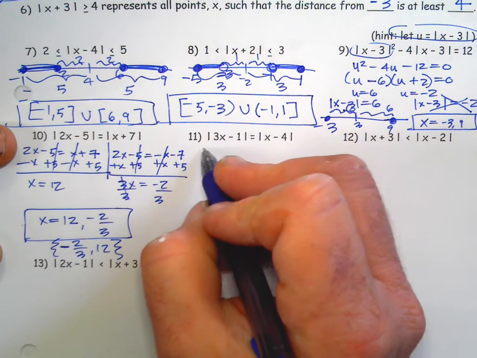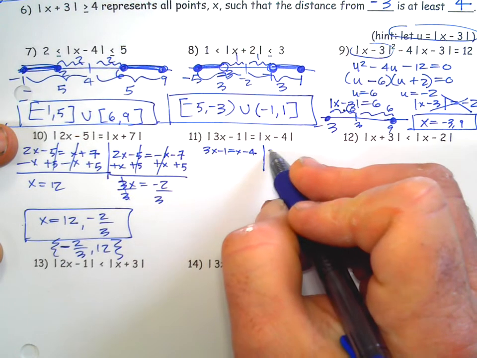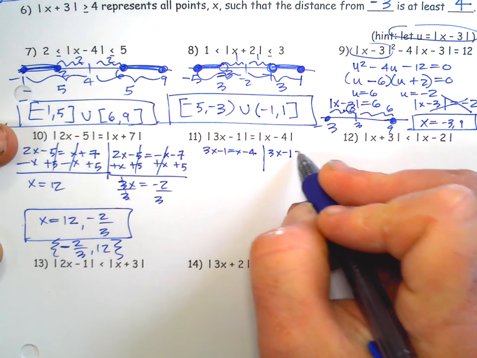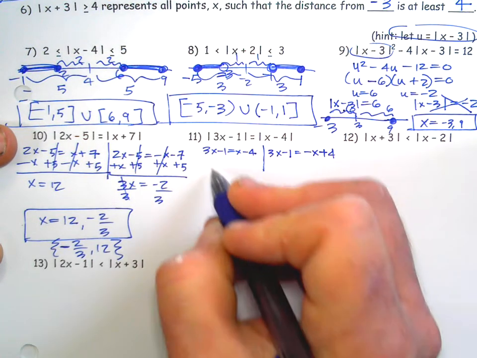Okay, same thing here. Inside of this equals the inside of that. And then also the inside of one of them, either one equals the negative of the other one. Now you got to distribute that negative to everything in there, okay?